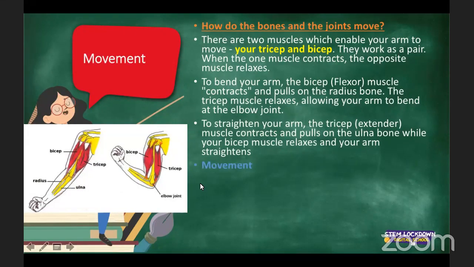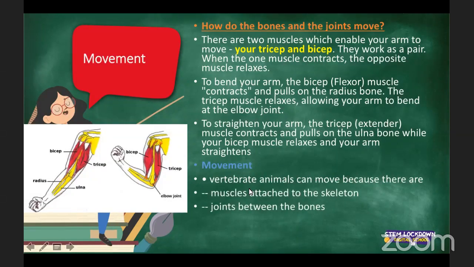Let's look at other movements. Vertebrate animals can move because there are muscles attached to the skeleton and joints between the bones. I didn't read this sentence extensively, but it goes hand in hand with this arrow and the picture.